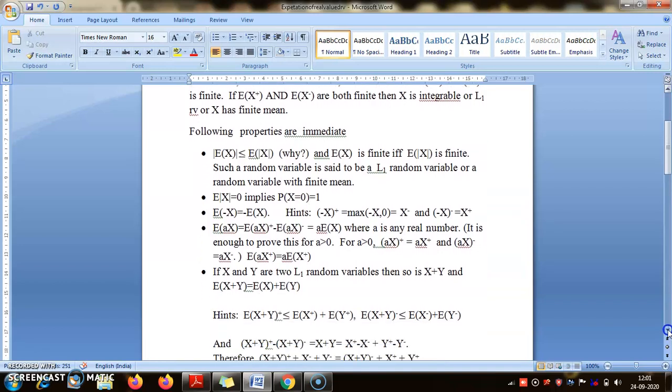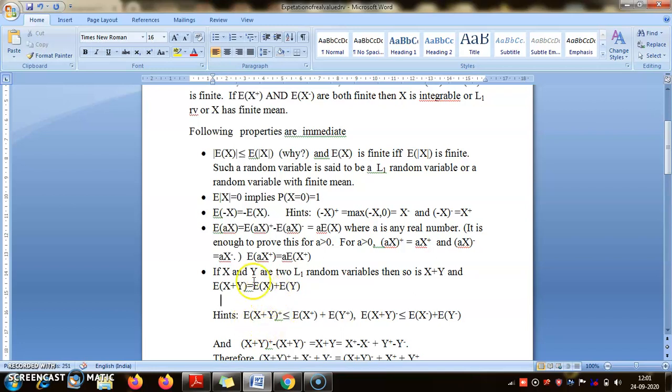So let us take x and y to be such L1 random variables, or random variables with finite mean. Then so is x plus y. That means x plus y also has a finite mean, and in that case the expectation of x plus y is the expectation of x plus the expectation of y. So again, how do I prove that? Again, by definition.